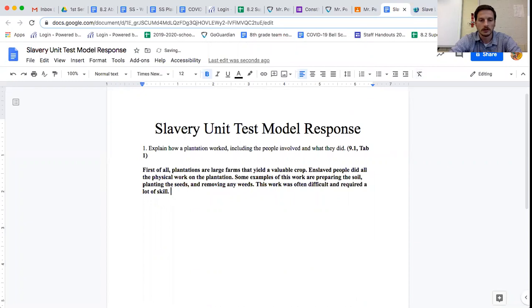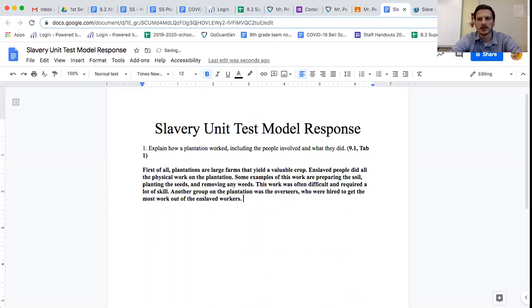Another person, let's say group, because there's more than one usually. Another group on the plantation was the overseers who were hired to get the most work out of the enslaved workers, okay?